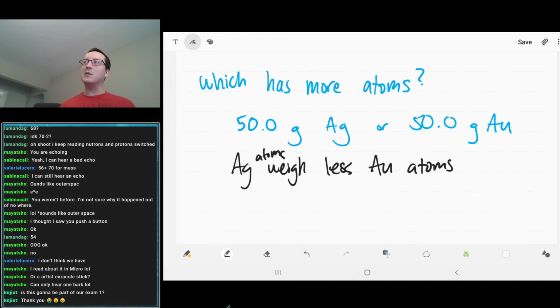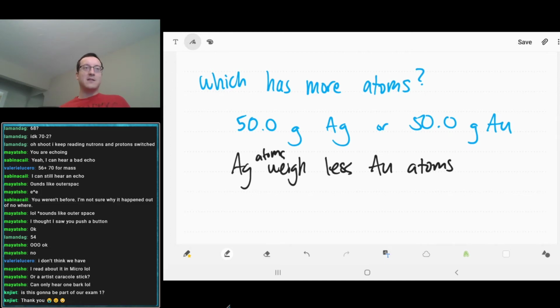This is somewhat similar to the pound of feathers, pound of bricks thing. Which one has more of these? If we were to count all the feathers in a pound of feathers versus all the bricks in a pound of bricks, of course there's way more feathers than bricks, in terms of number, quantity of them.